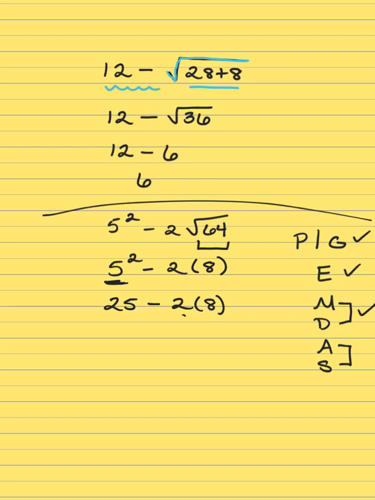I have some multiplication right here, so I'm going to simplify that next. I'll rewrite the 25 since I'm not working with that right now. And a negative 2 times a positive 8 is a negative 16. And now I can move on to my last step, which is simplifying any addition and subtraction that I have. And 25 minus 16 is 9.